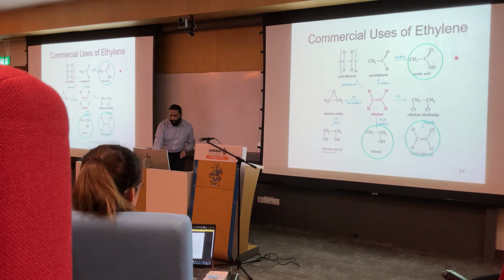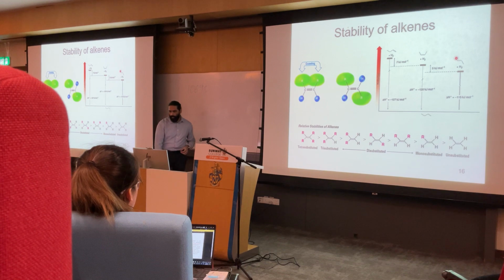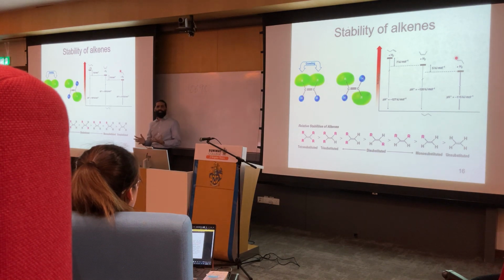Right, then we looked at a few examples of commercially important alkenes such as ethylene or propylene, and that's where we talked about the stability of alkenes with different substitution on the carbon-carbon double bond.